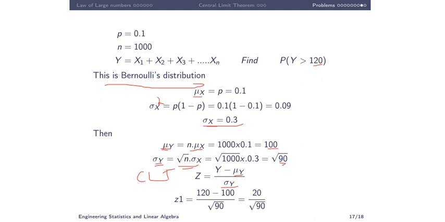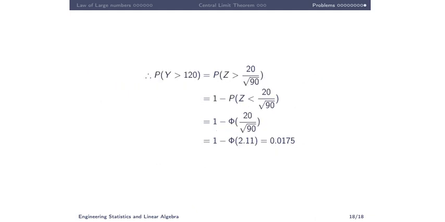So the probability of y greater than 120 will be the probability of z greater than 20 by root 90. Greater than means we have to find 1 minus the probability of z less than 20 by root 90, so 1 minus phi of 2.11. If you check the table, it will be 0.0175.